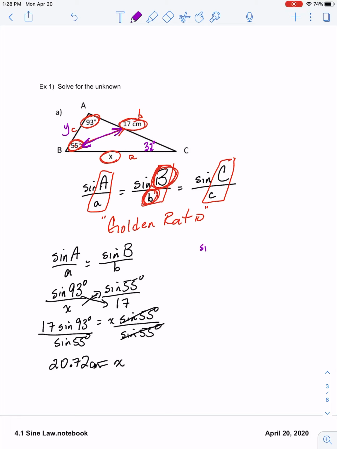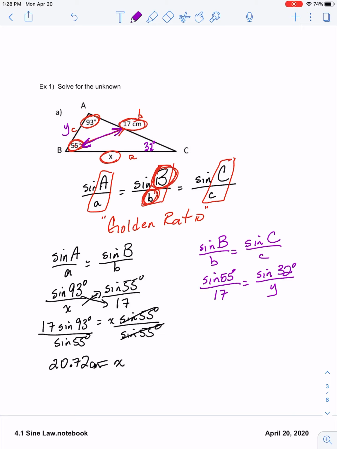So this time it's going to be sine of B over side B equals sine of C over side C. So that's sine of 55 degrees over side B, which is 17 centimeters, equals the sine of 32 degrees over Y. Sorry, not 93 degrees, I had that wrong. That's 55 degrees.